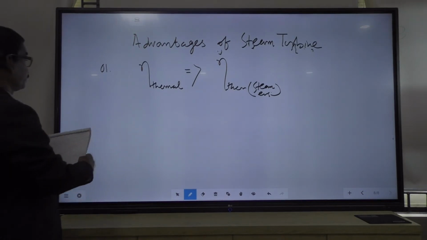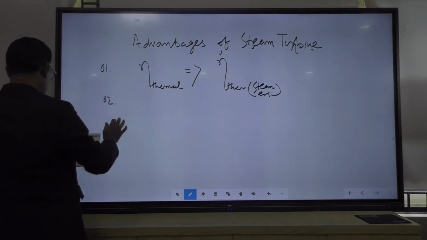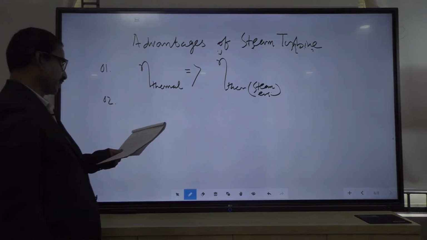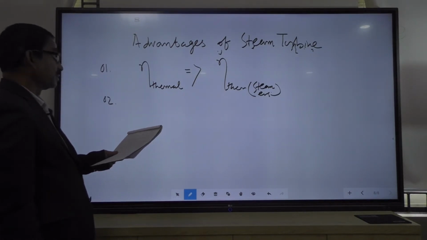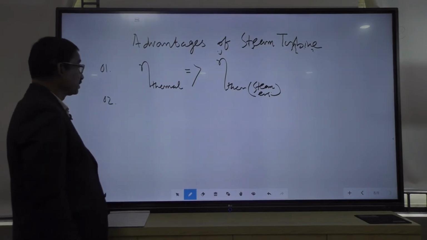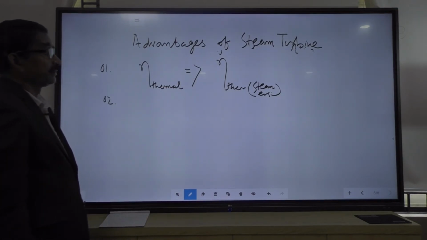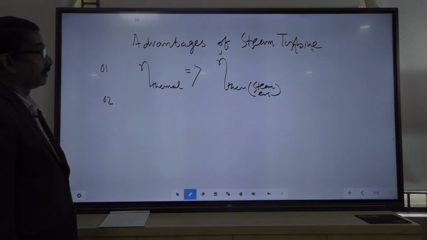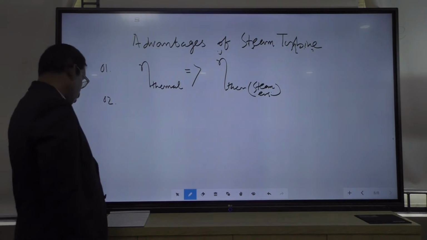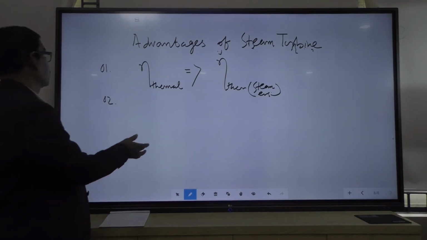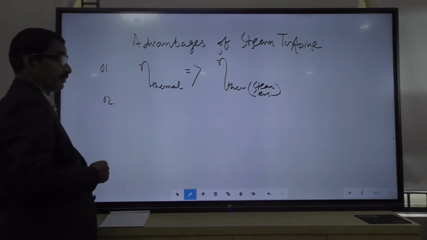Number two, the power generation in a steam turbine is at a uniform rate. Therefore, there is no need of any flywheel. You know, this is a rotodynamic machine. So, here the power generation is not non-uniform. That means the power generation is always constant, uniform.